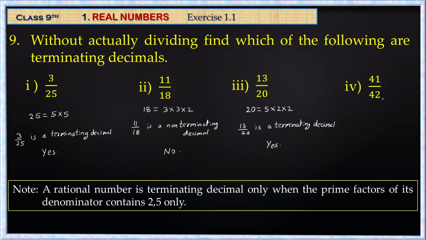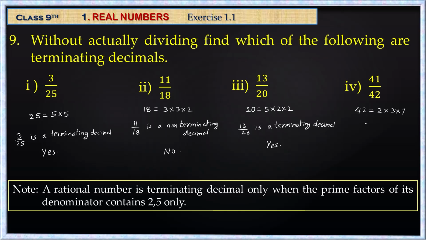Now here the denominator is 42. 42 can be written as 21 2s are 42. 2 21s are 42, and 21 can be written as 3 7s are 21. So it is containing the prime factors other than 2 and 5. So 3 and 7 are the other prime factors it is containing.